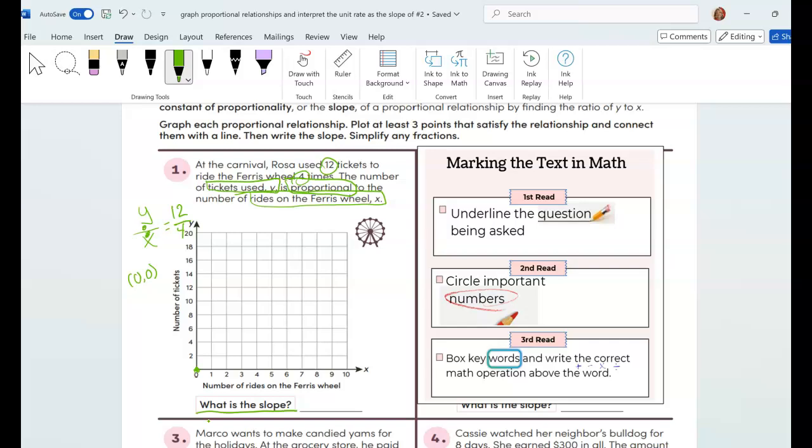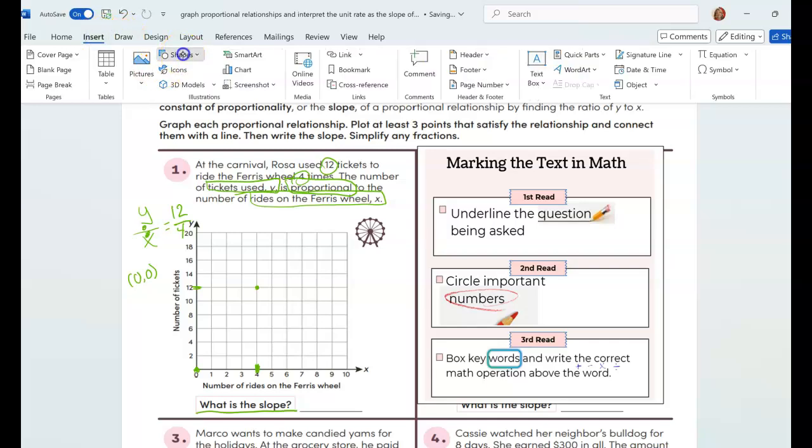So 4 rides on the Ferris wheel and 12 tickets. So the X and the Y meet up to form a perfect point, and we're ready to draw our line.